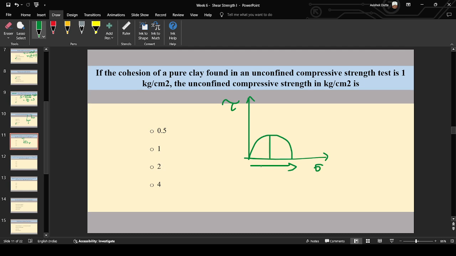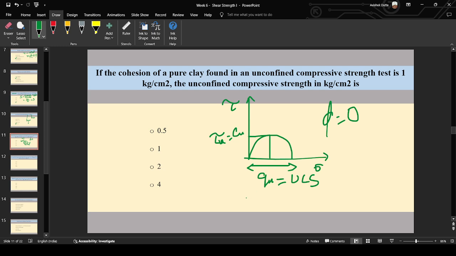This is the axial stress at failure, qu, which is also equal to the UCS, unconfined compressive strength, and this is the maximum value of the shear stress, the shear strength of the material, tau u, which can also be equal to Cu, because it is saturated clay, so the value of phi equal to 0. We have cohesion given as 1.